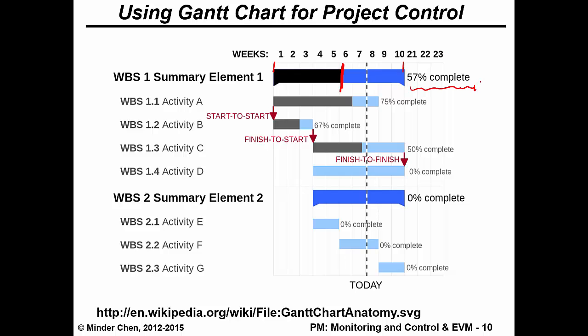We also note here this vertical dotted line, which just means today's date. So for instance, we know we're kind of behind here, and we're just a little bit behind here. So you can use the Gantt chart to find out whether you're ahead or behind.